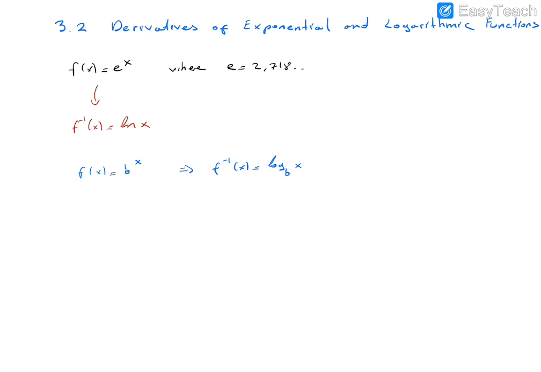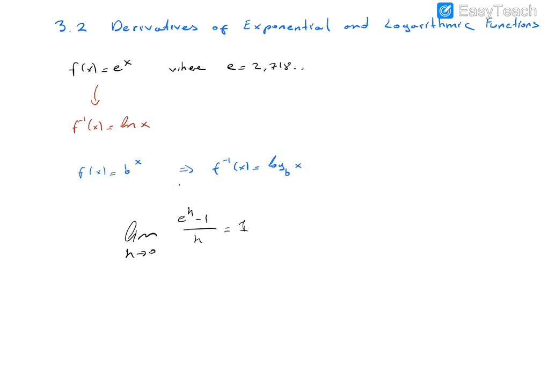So the derivative of e to the power x. In the process of finding the derivative of e to the power x, we use the fact that the limit as h goes to 0 of e to the power h minus 1 over h equals 1.